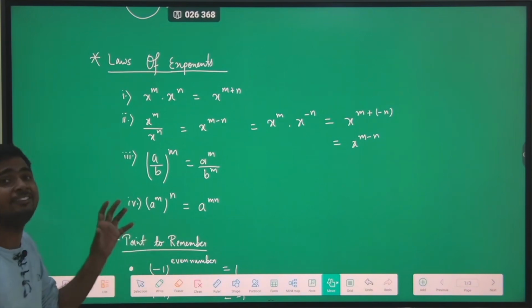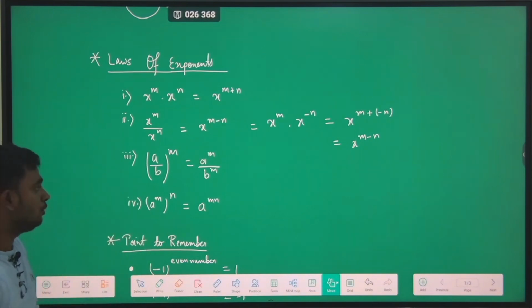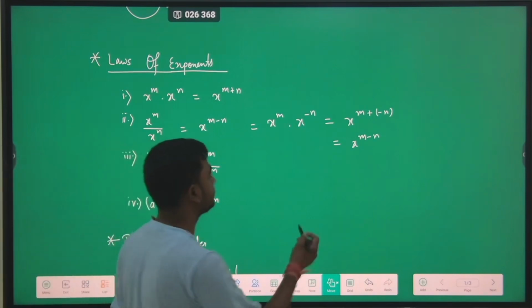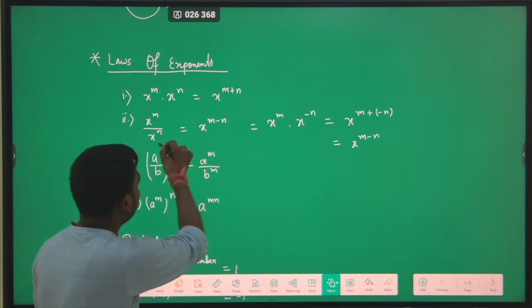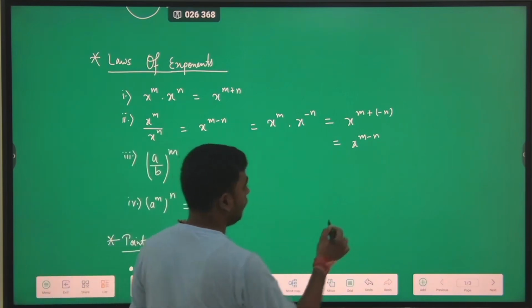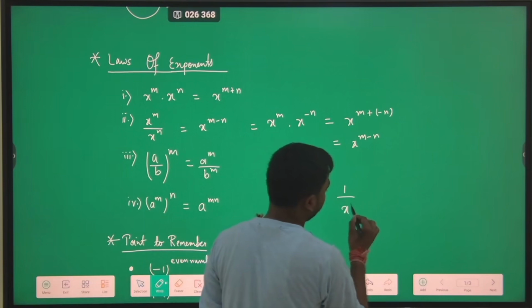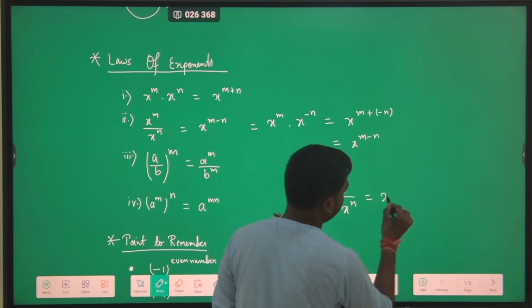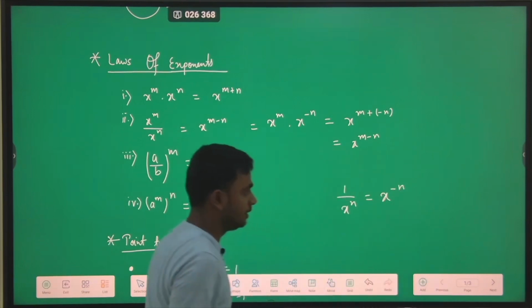Since we are dealing with negative exponents, we will try to understand what negative exponents are. For example, this 1 upon x to the power n, I refer to it as x to the power minus n.